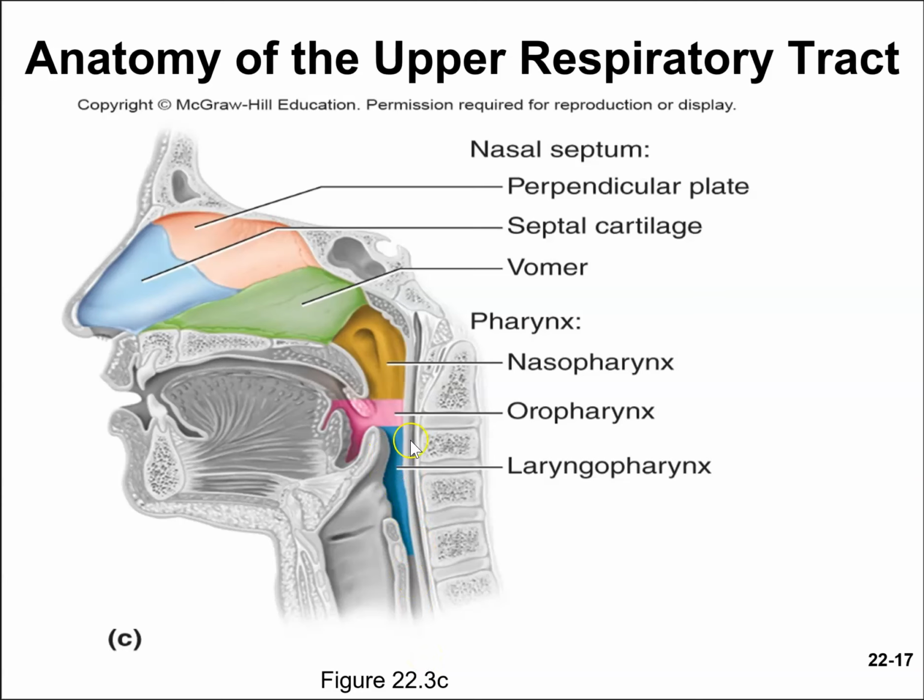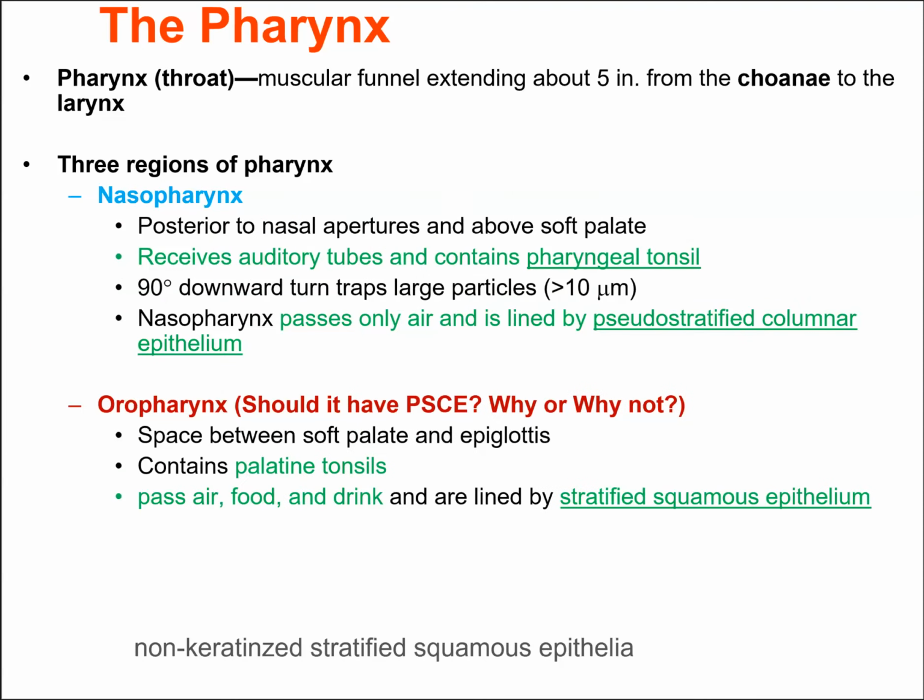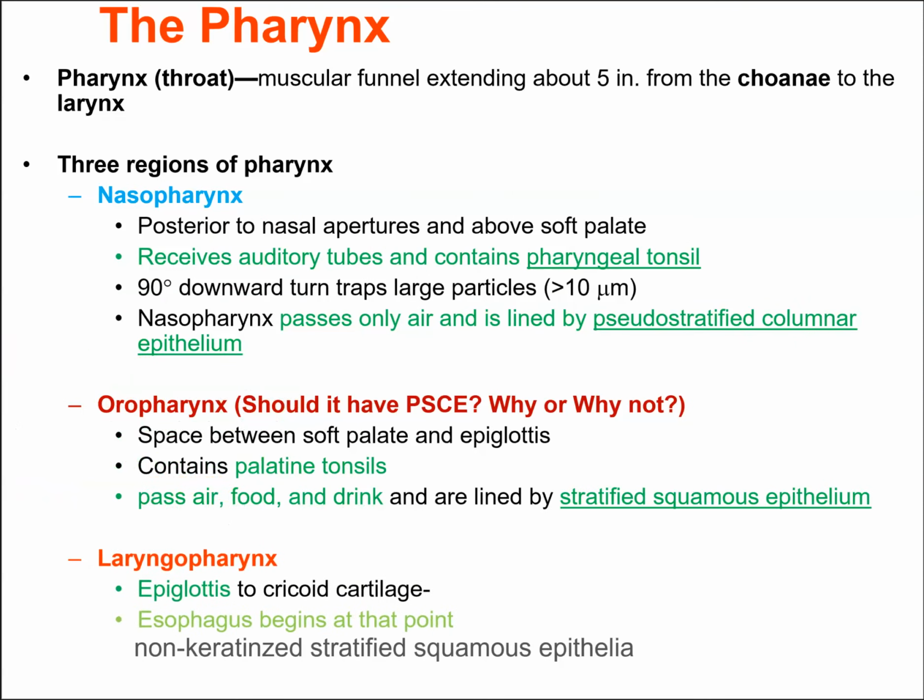This region again consists of stratified squamous epithelium on the top, and it does not contain any cilia, so that a lot of dust doesn't get trapped in here. So the laryngopharynx contains the epiglottis, which is the flap that prevents food from entering the windpipe.